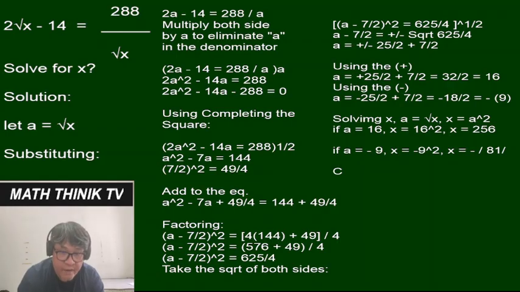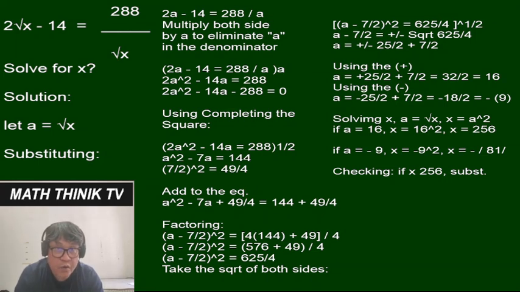So checking. If x is 256, so we substitute. So our equation is 2 square root of x minus 14 is equal to 288 over square root of x. So we substitute.